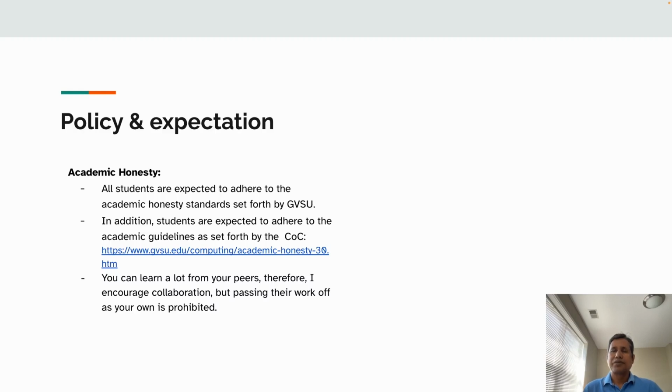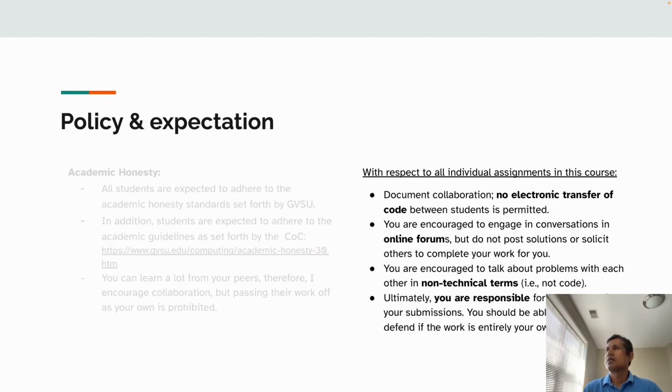As I said, you need to adhere to the academic honesty and standards set by Grand Valley State University. And also, as we are part of the College of Computing, you have to adhere to the rules and regulations of the College of Computing. With respect to individual assignments and document collaboration, no electronic transfer of code between students is permitted.